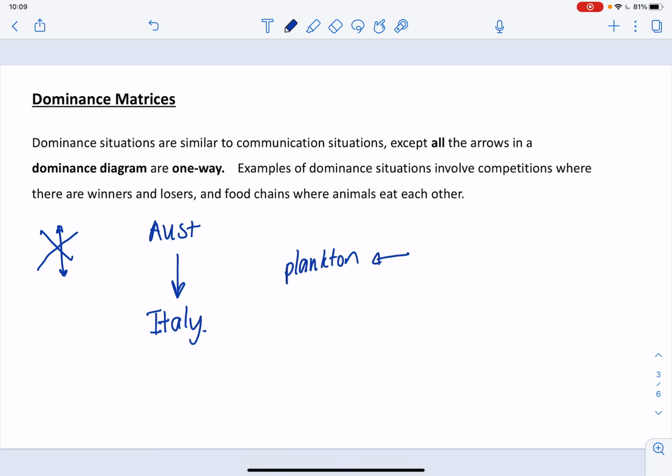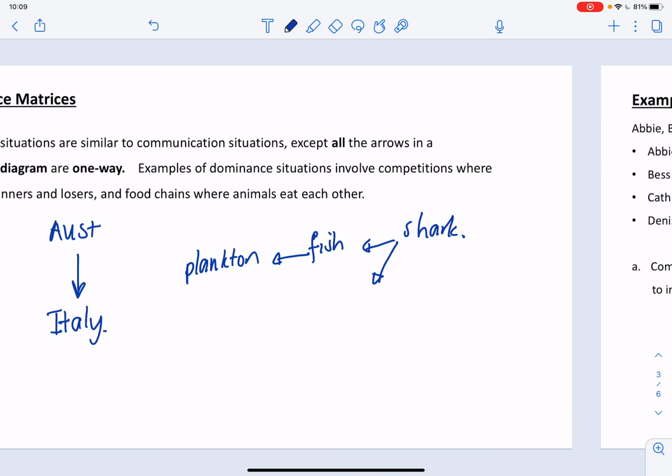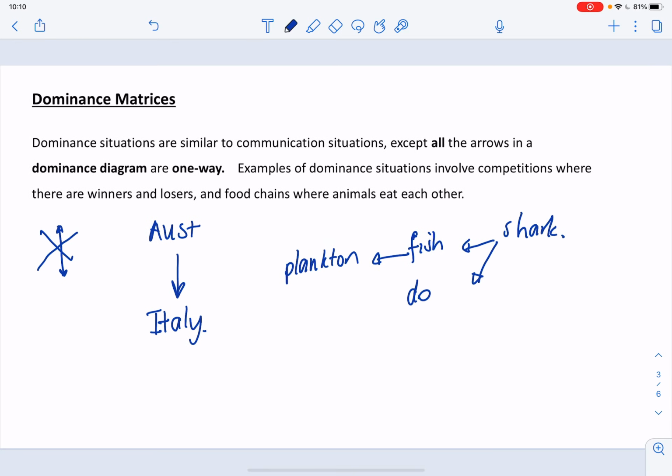The arrow means is eaten by a small fish, which is eaten by the shark. And the shark also eats, say, the dolphin. Don't think it happens like that, don't know. So that's how a dominance matrix or a dominance diagram works.